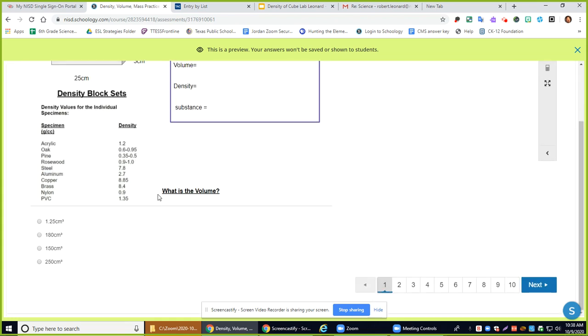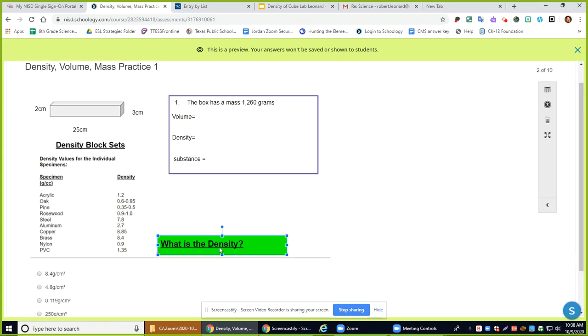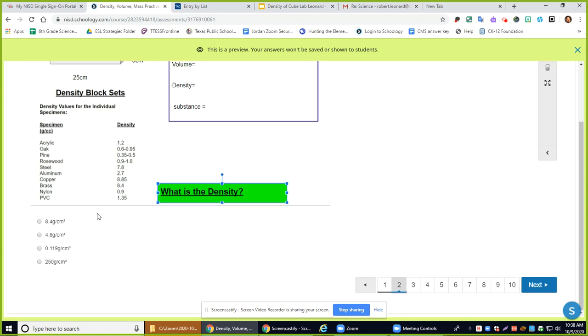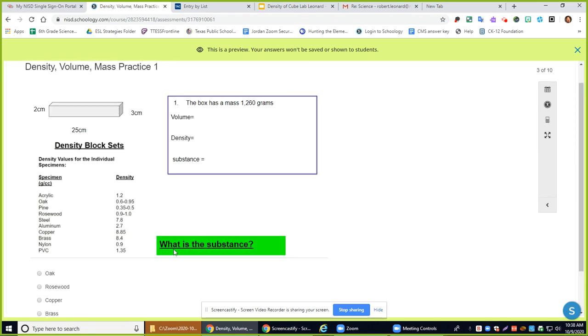So question number one, what is the volume? Choose the volume. I just chose a random number. Number two, what is the density? Well, you should already have your answer, so you don't have to do any work, because you already solved it before you got here. Okay, well, there's my density. Moving on next. What is the substance? So then I come to my table, and I look for the substance.